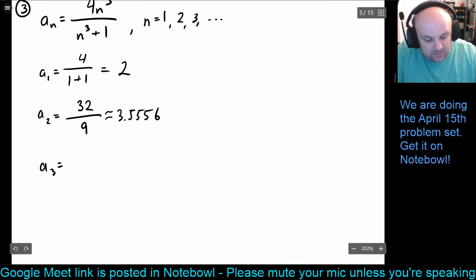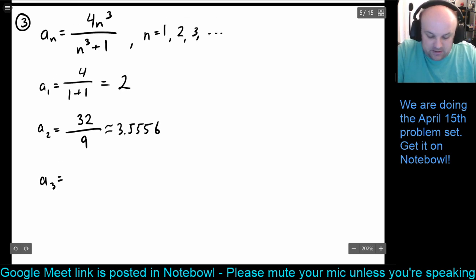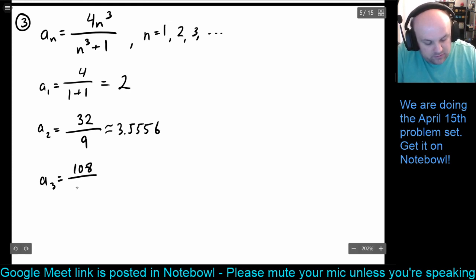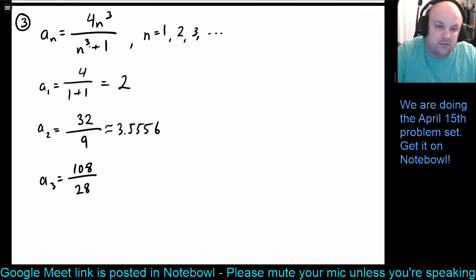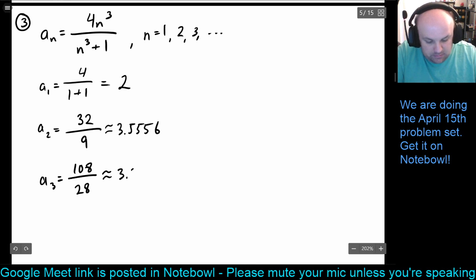a3, so let's plug this in. This is 4 times 27 on top. That's 108, over 28 on the bottom, because that's going to be 3 cubed, which is 27, plus 1. So 108 divided by 28 is approximately 3.8571.